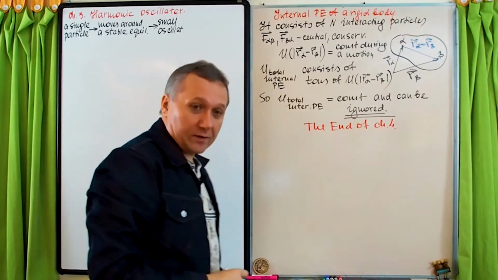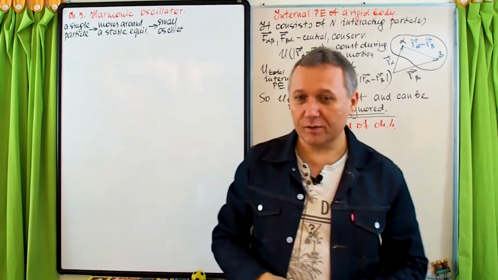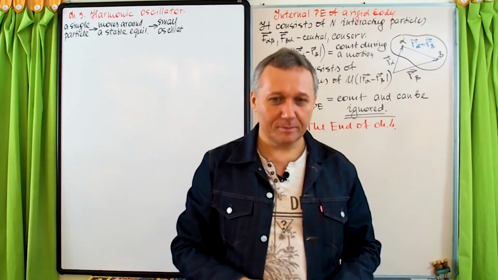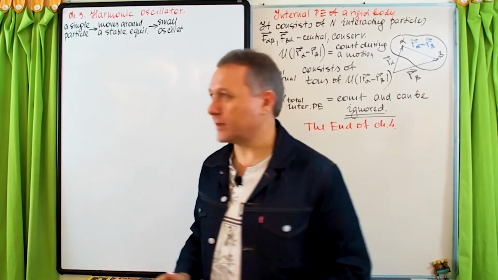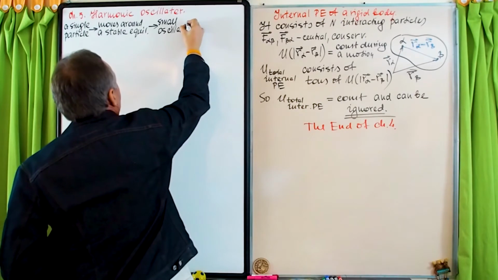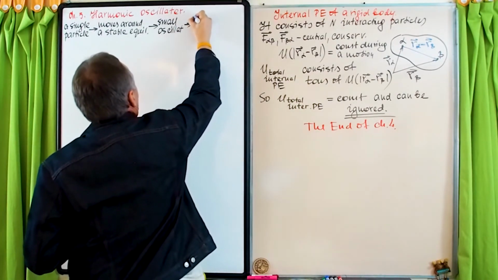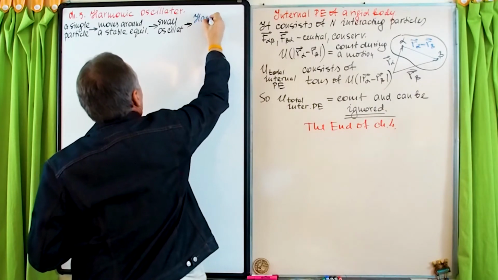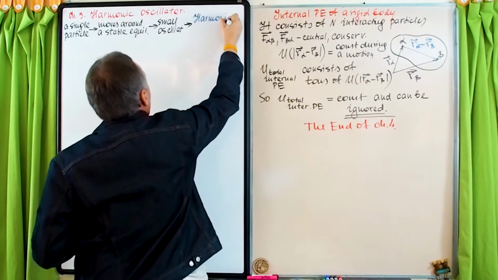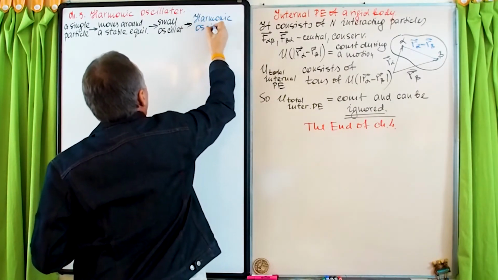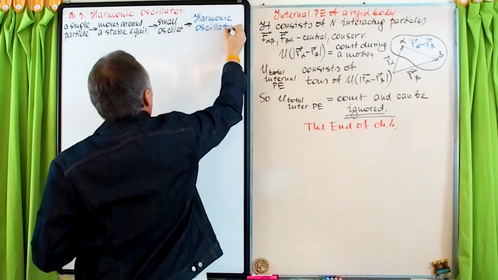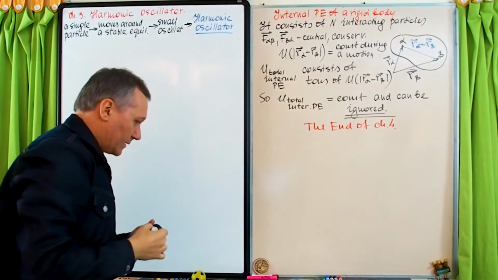And that's what we call a harmonic oscillator. That's what a harmonic oscillator is. Okay, now let me use different colors. So we need to describe this system.